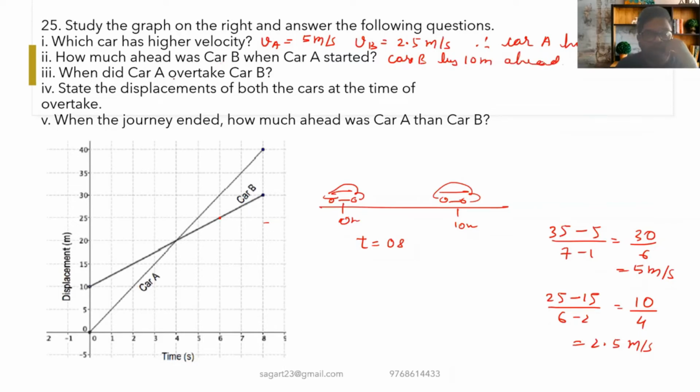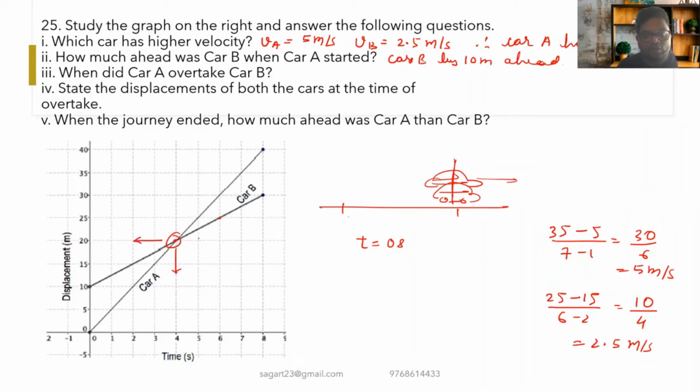Then where did car A overtake car B? Overtaking means car A has to be together with car B, parallel with it. Are you following that? Then only it will overtake. So at this moment, they are at the same position. And I told you on a graph, whenever two lines intersect each other, that is the time when they are at the same position, and that is this point.